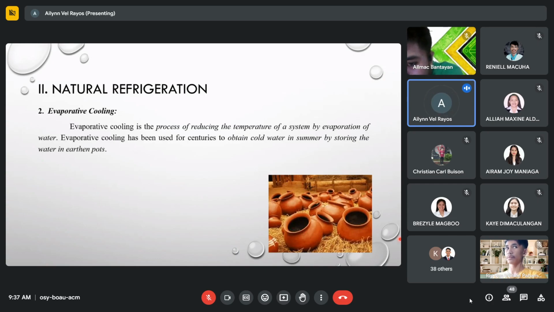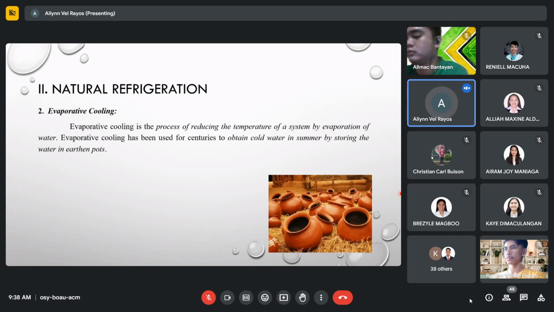That is one example of how it was really used. And there is also a lot of history of natural refrigeration being used. This process was the start that led to developing the artificial refrigeration we have nowadays.